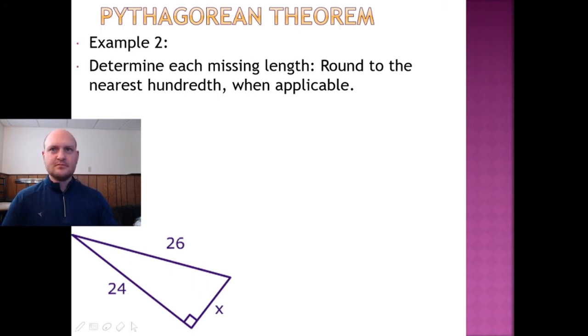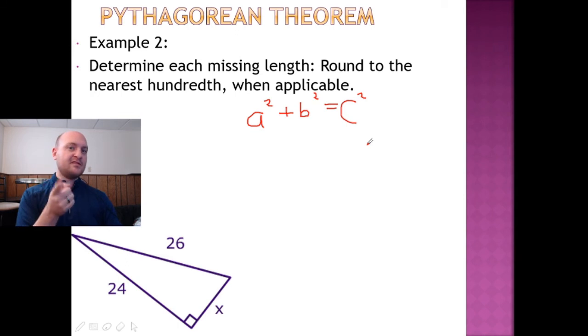So here's the deal. The setup's fine. It's still a squared plus b squared equals c squared. But it's what happens after we start plugging numbers in where we start to get something different. See, in the last example, we were missing the c value.